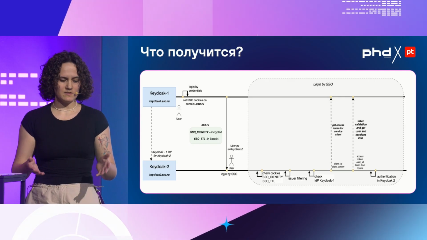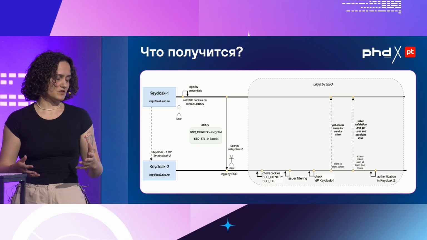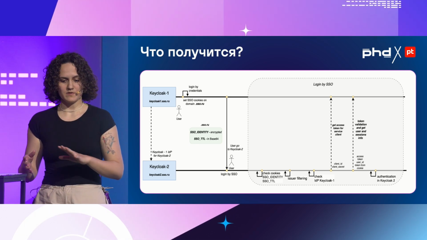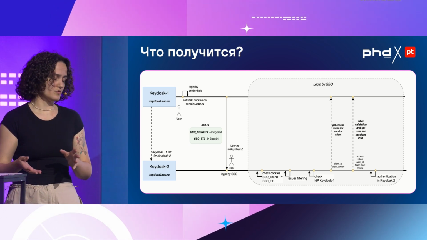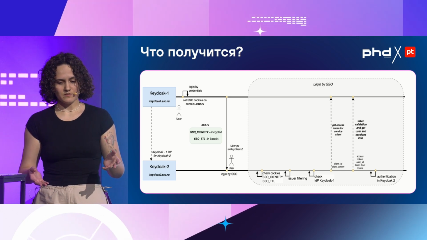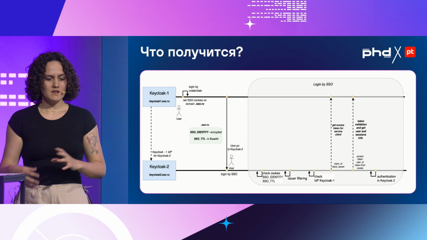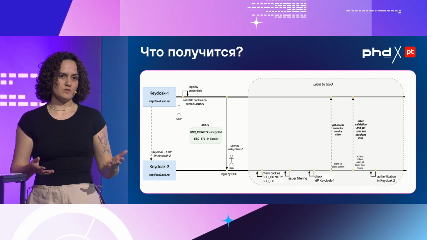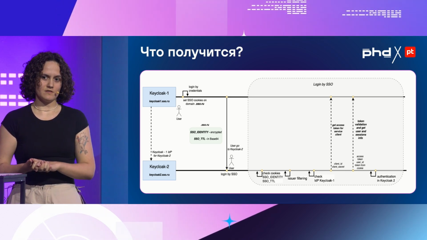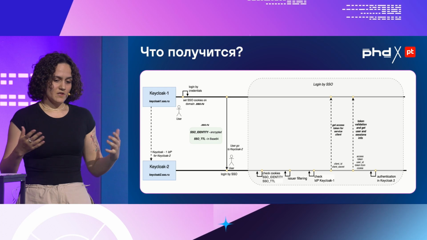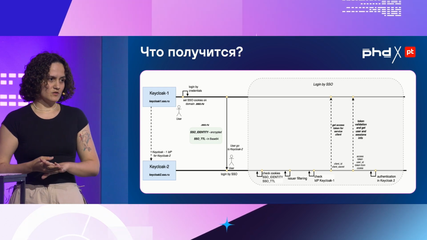It triggers a number of checks. When all the checks are passed, the last arrow tells us that the user is authenticated in Keycloak 2. From one instance, they got to the other, and they don't need to key in the credentials the second time.